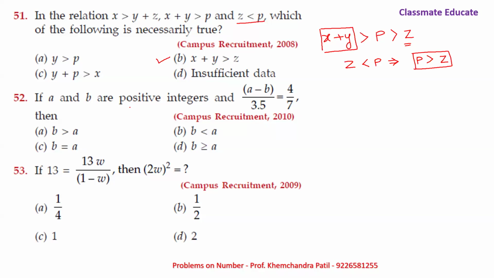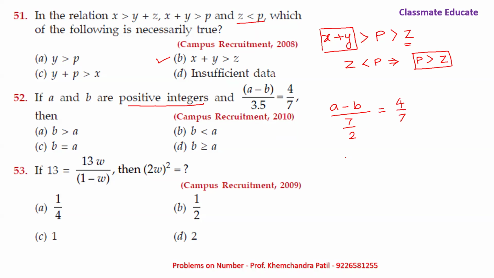Now let us take, here look, a plus b, positive integers is mentioned. a and b are positive integers. So a minus b divided by 3.5. So can I treat this 3.5 as 7 by 2? This is equal to 4 by 7.